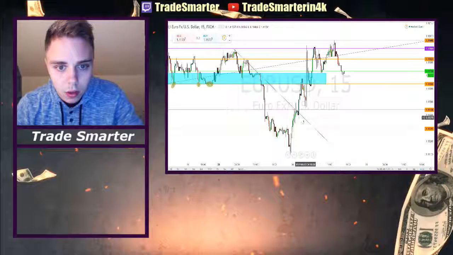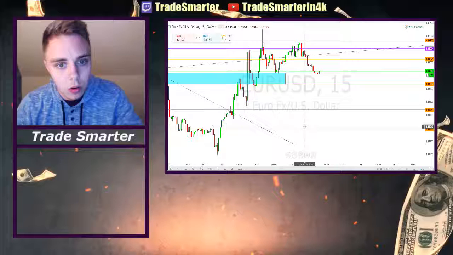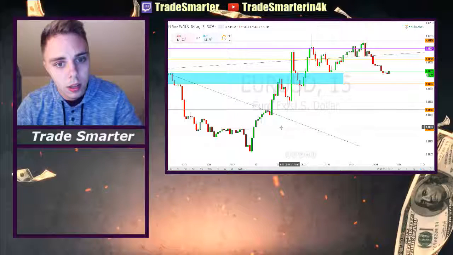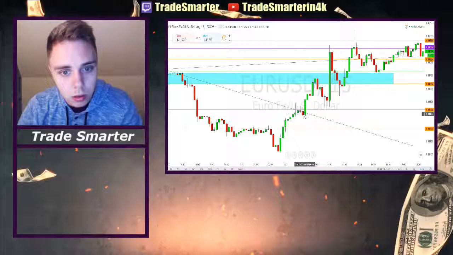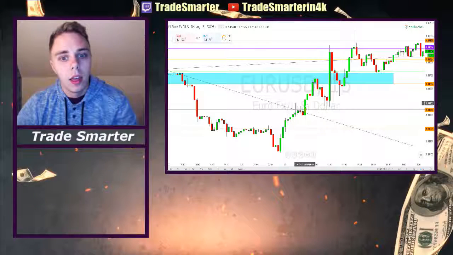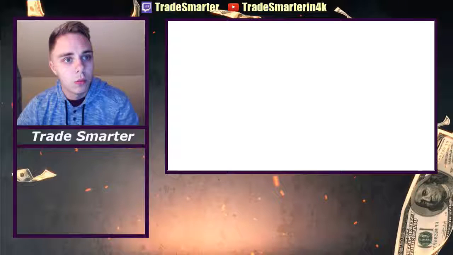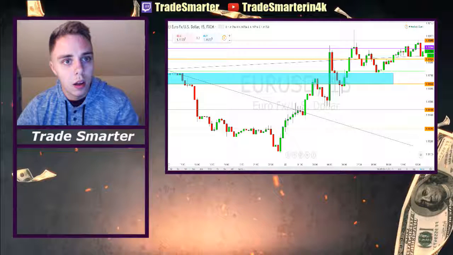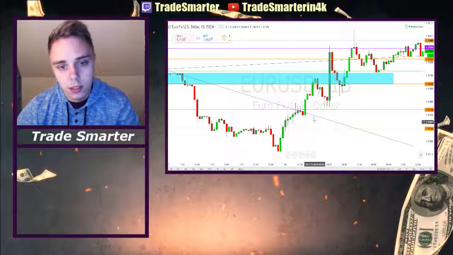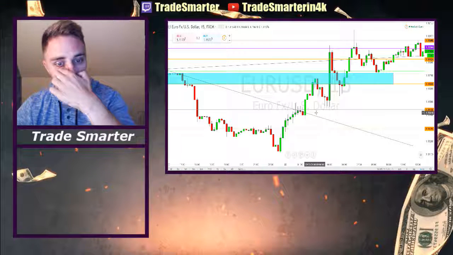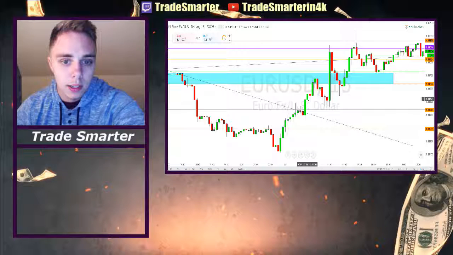So if you notice, this trend line was written up before, and if you look and see what candle broke the trend line, it was this larger green one here, and you really need to have a strong candle in order to break trend lines. That's just how it goes. So you know that if it does break, it's going to continue to go up.